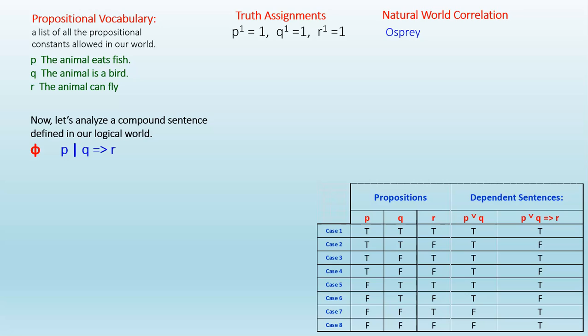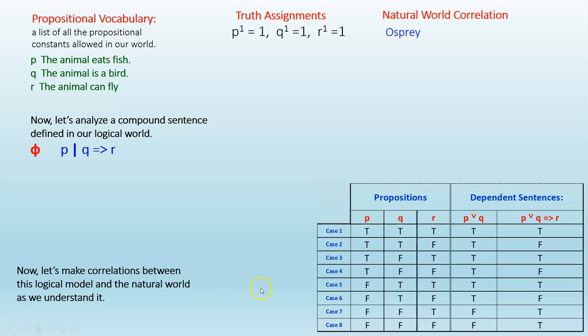If you remember in the previous video, we talked about how to build this truth table for the sentence P or Q implies R. Now I want to make some correlations between the logical model of that truth table and the natural world. That's what we're going to do, and I'm going to do it with, for example, an osprey.